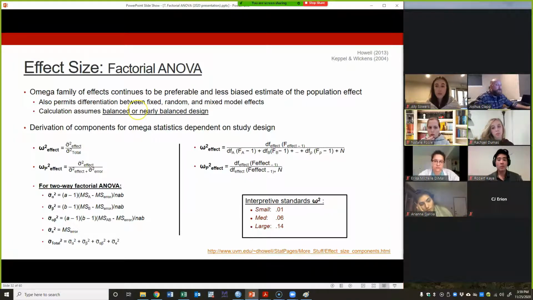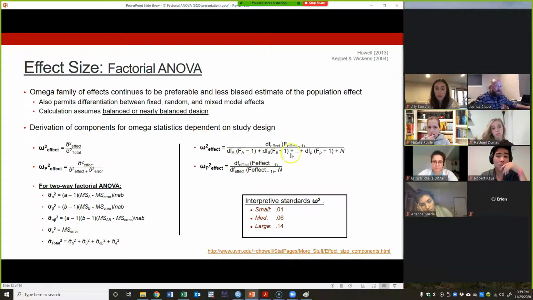Okay. And how we calculate these omega squared statistics depends on what the design looks like. In your text, there's a whole table on how to calculate these things. So you can see omega squared and partial omega squared being broken down into different components here.